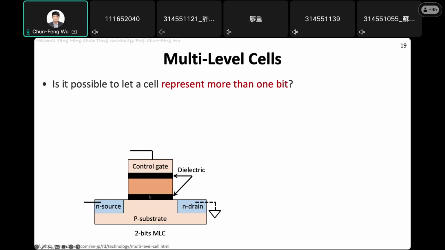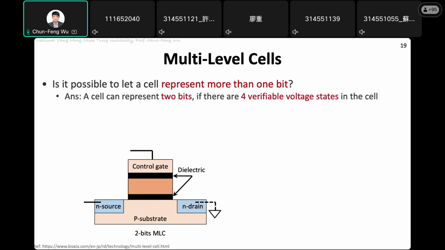What do I mean by more than 1 bit? Before this, our assumption was that there are electrons inside, or there are no electrons inside. So we said there is only 1 and 0, because inside and not inside, right? But now if we are going to represent 2 bits, we need to differentiate 4 voltage steps. So it is not only no electrons or with electrons.